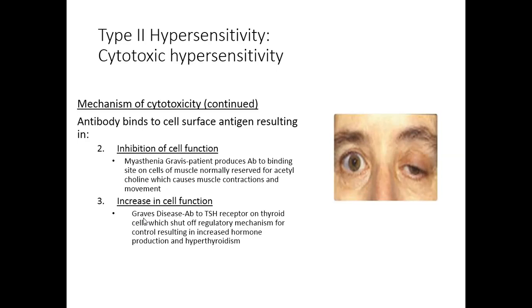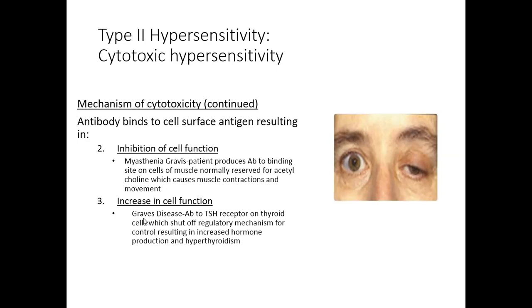In Graves' disease, a patient produces an antibody to a receptor on thyroid cells. And this receptor is for a hormone that is produced also by thyroid cells called TSH, thyroid stimulating hormone. Antibody binds to the TSH receptor on thyroid cells.